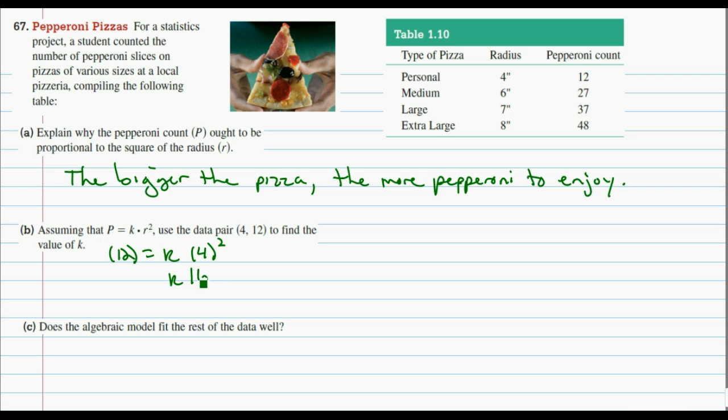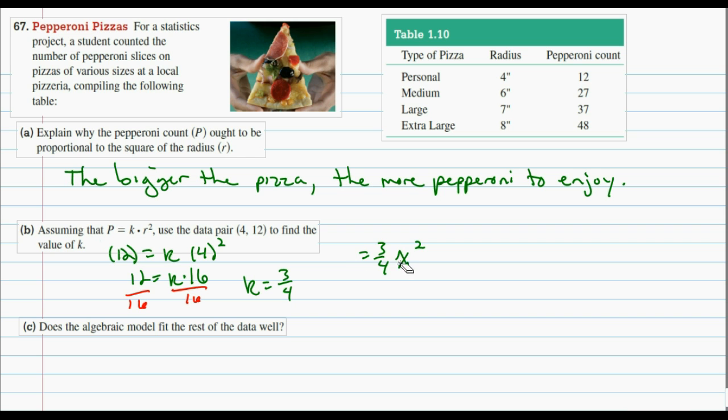So k times 16 equals 12. Divide both sides by 16. And my k value is going to be 3/4. So it should be y equals 3/4 x squared, except we're not using y and x. We're using p and r.